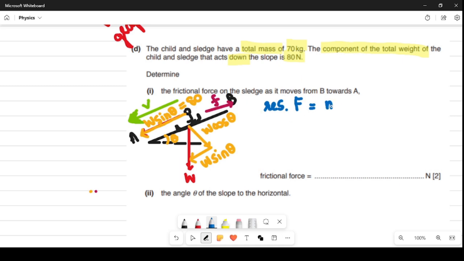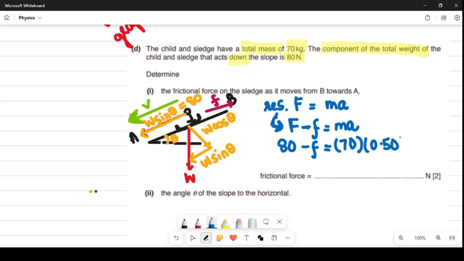Resultant force is equal to MA. Resultant force means the main force, the driving force, minus the frictional force is equal to MA. Now we plug in the values: the main force, the driving force, is 80, the frictional force we don't know, we have to calculate it. Mass has been told is 70, acceleration we just calculated in the last part is 0.50.